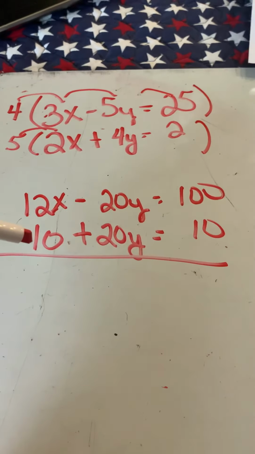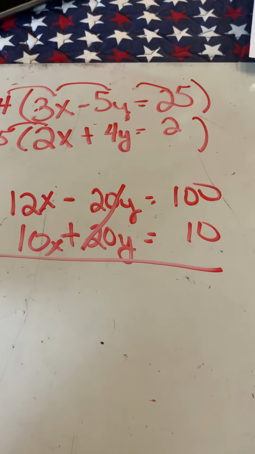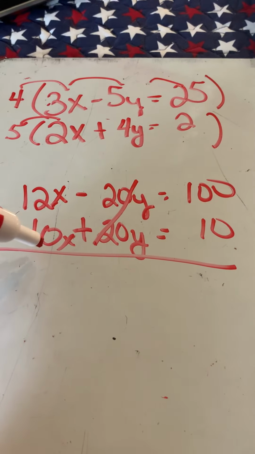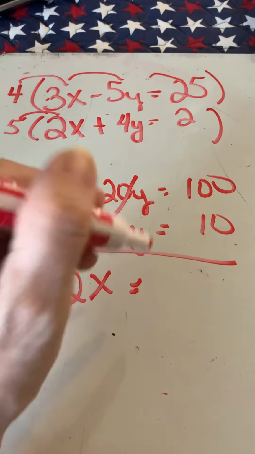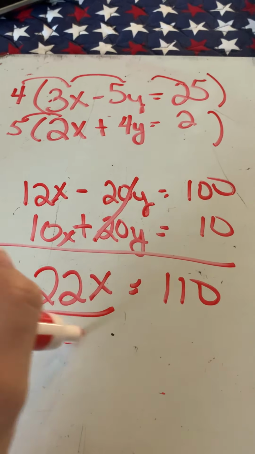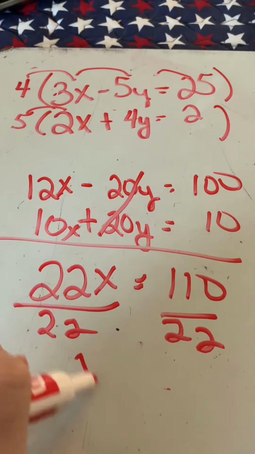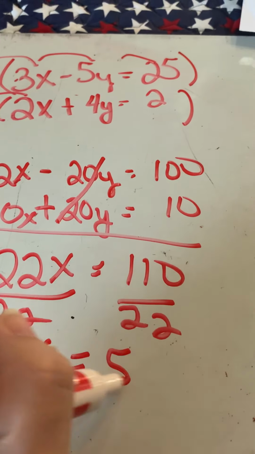Once I do that, oops, I forgot my x there. Once I do that, do you see how the y's cancel out? So now I have 12x plus 10x is going to give me 22x, and 100 plus 10 is going to give me 110. If I divide both sides by 22, x is going to go into 110 5 times.